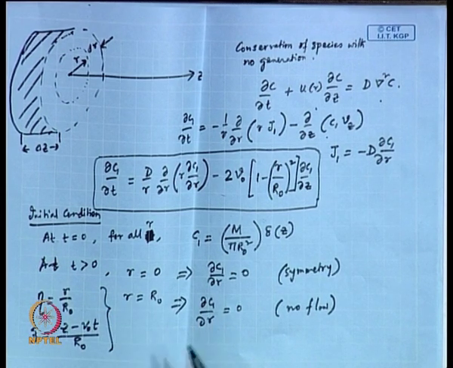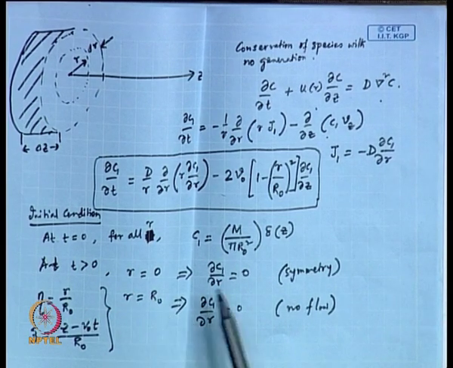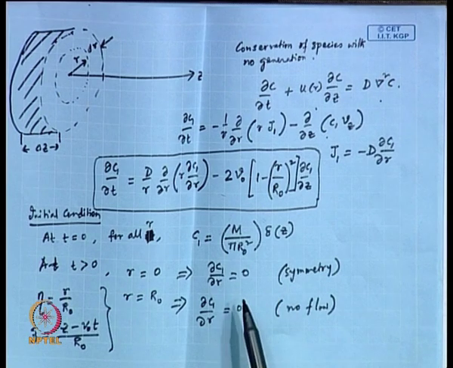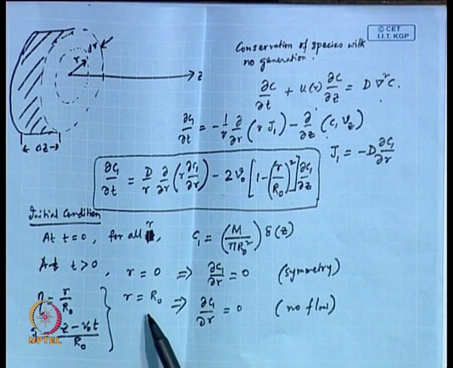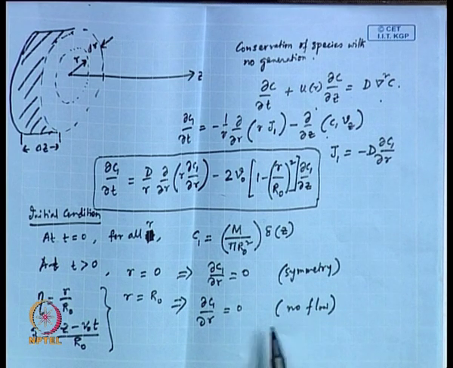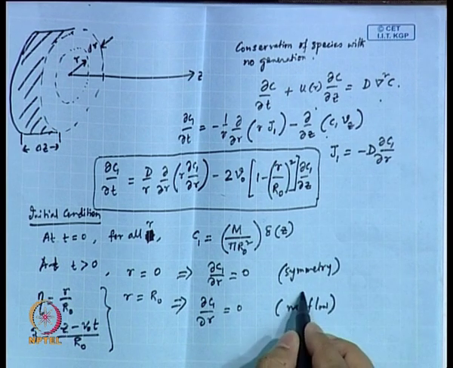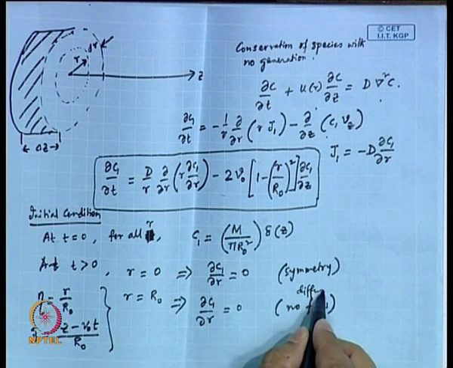Then for t greater than 0, you have assumed that at r equal to 0, del C1 del r equal to 0, which arises from symmetry, and at r equal to R0, that means at the wall, del C1 del r is equal to 0, which arises from no diffusive flow.